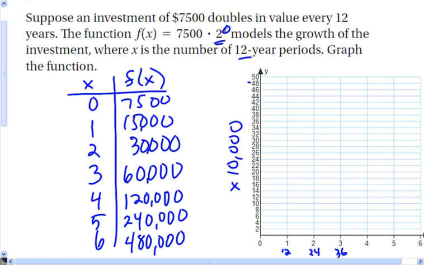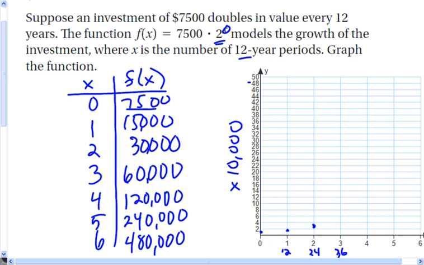So at 0, I'm going to be at less than 1. It's like 3/4 of 10,000. So way down here. At 1, I'm going to be at 1.5 10,000s. At 2, I'm going to be at 3 10,000s.